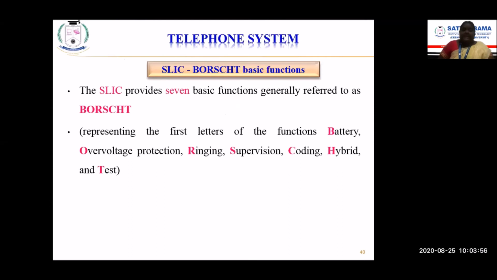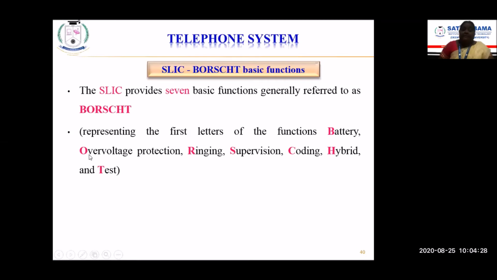Now let us see in detail the basic functions of the SLIC, the subscriber line interface circuit. The name BORSCHT has evolved from the different functionalities provided by it. B is derived from battery, the battery feed.